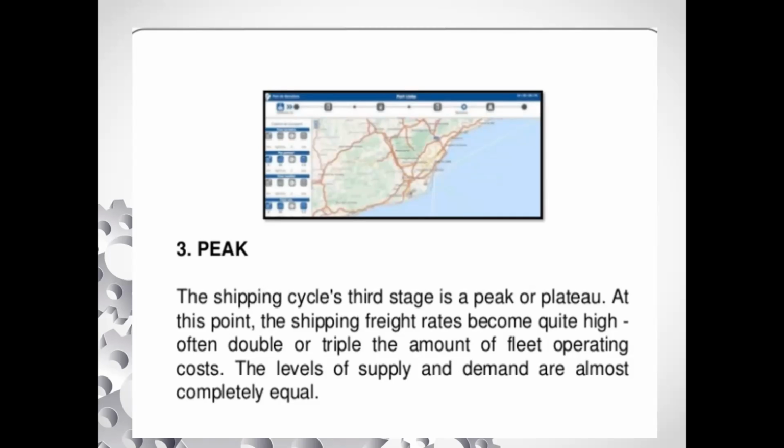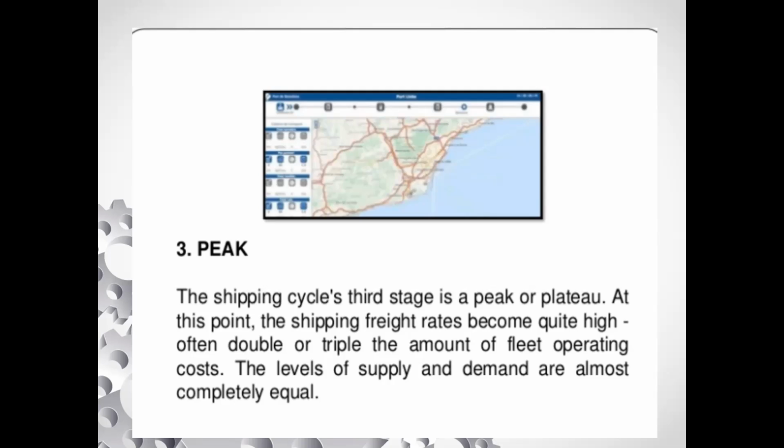They don't have the choice of moving to any other product. The same will happen in the peak period. So the supply and demand curves will be equal. They won't compromise in supplying. They will increase the demand, and in the same way they will increase the supply also. So this is the peak stage.